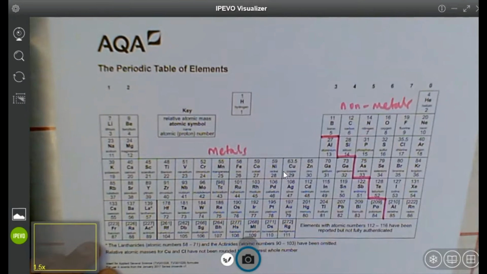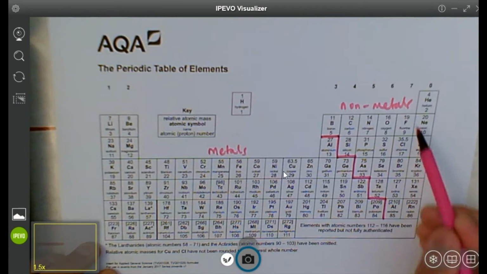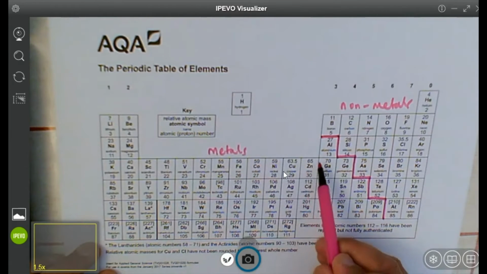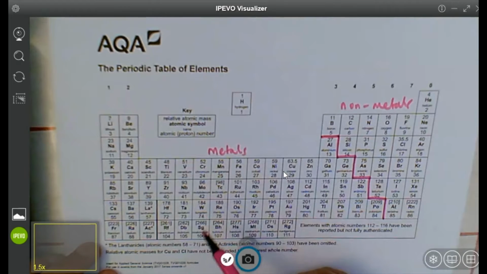The importance of this step is that it separates the metals from the non-metals. All of the non-metals are on the right hand side of the step, and all the metals are on the left hand side of the step. That's useful because if in an exam you're given the formula of a compound and you can identify whether the elements are metals or non-metals, you'll be able to tell if you've got a combination of metals and non-metals in that formula, then you've got an ionic compound.